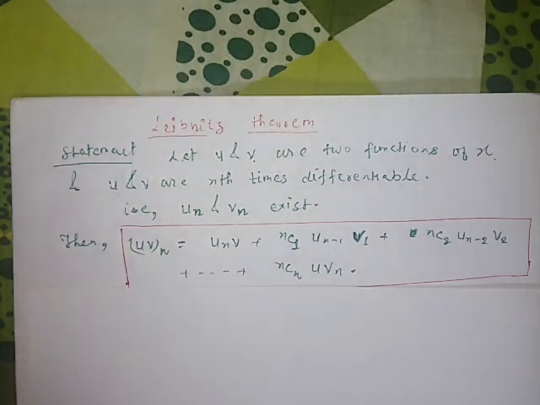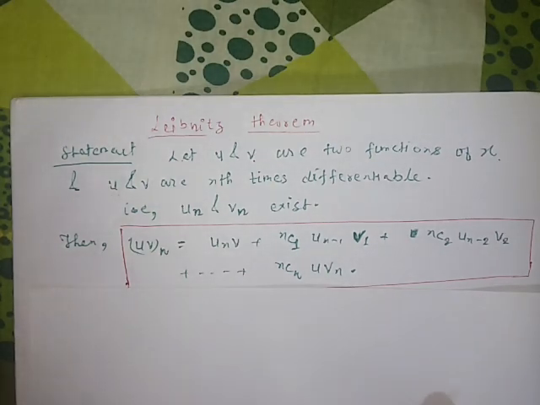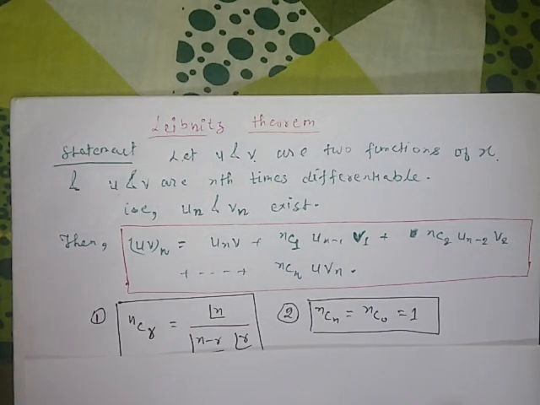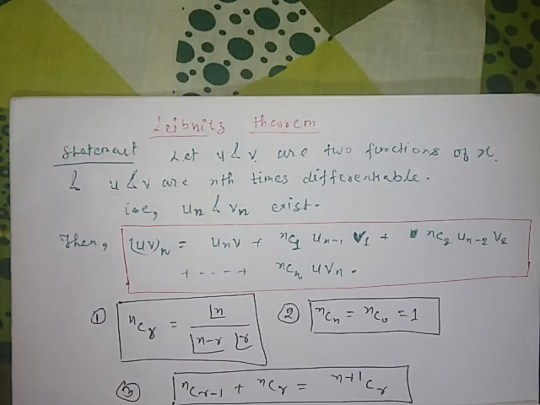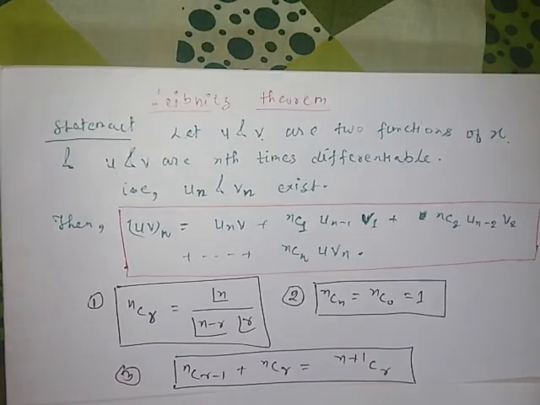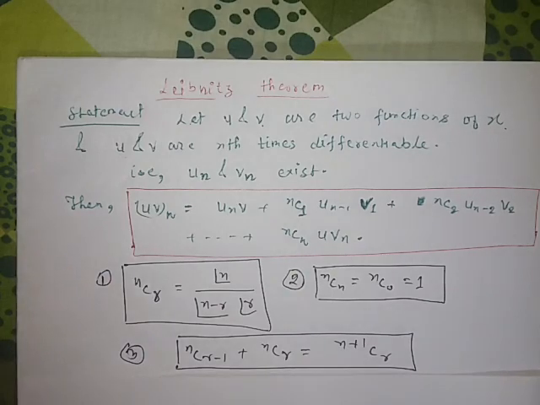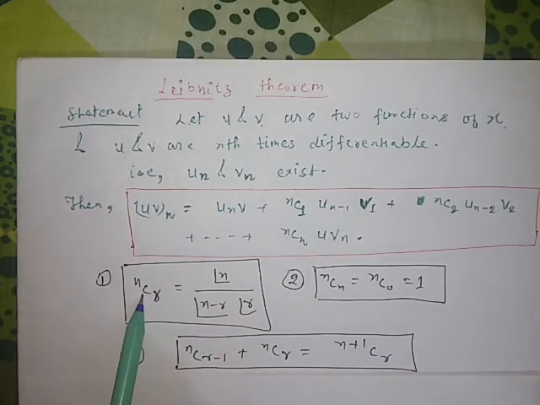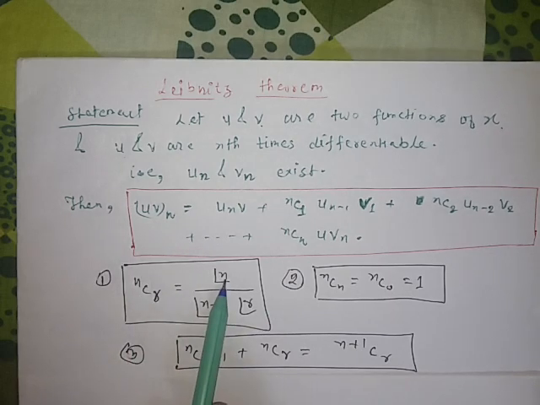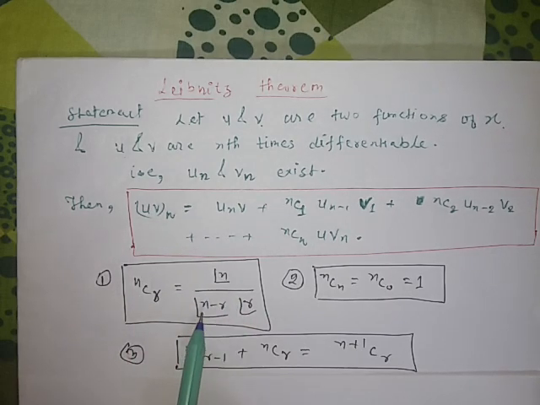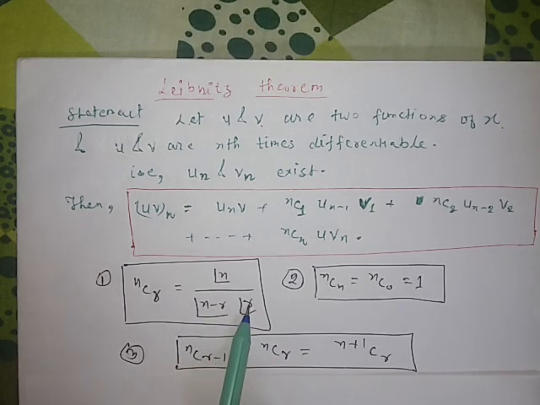Now we are going to prove the theorem. Before proving the theorem, we write here the three formulas that will be used in the proof. The first formula is the general form of combination: nCr equals n factorial upon (n minus r) factorial into r factorial.